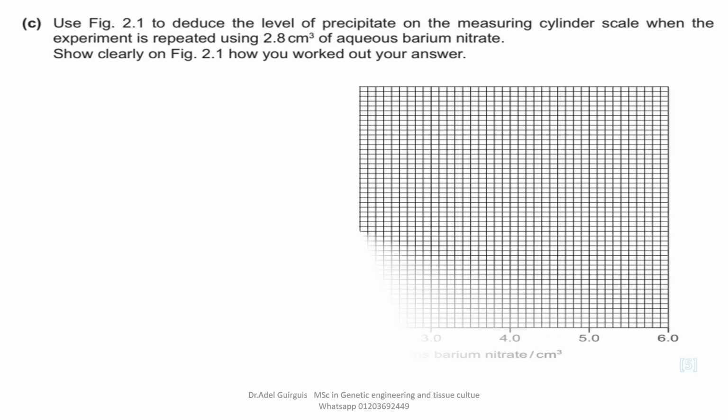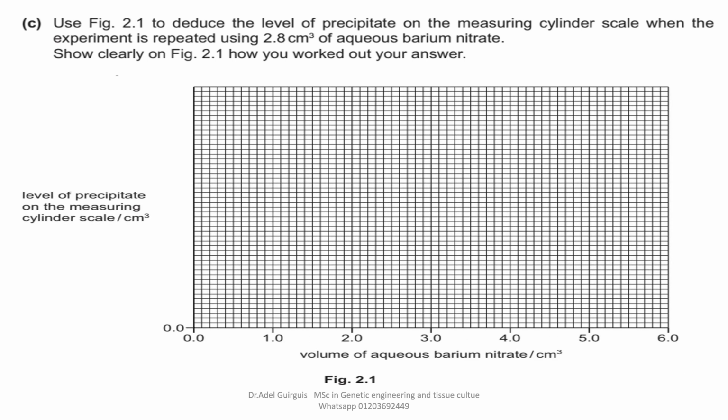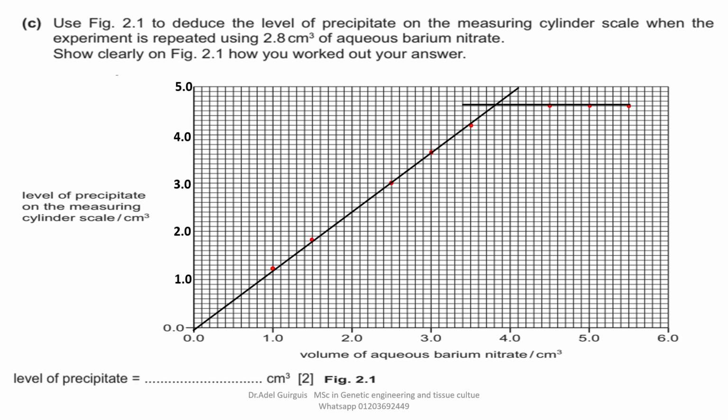For letter C: use figure 2.1 to deduce the level of precipitate on the measuring cylinder scale when the experiment is repeated using 2.8 cubic centimeter of aqueous barium nitrate. Show clearly on figure 2.1 how you worked out your answer. Look please at this figure, the same as in B, plotting data crossing together. Now, when the student used 2.8 of aqueous barium nitrate, how do we obtain the level of precipitate?